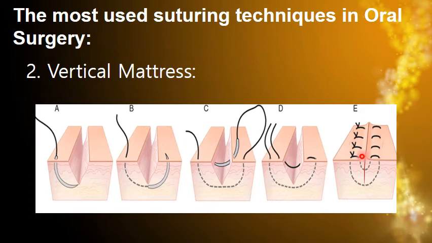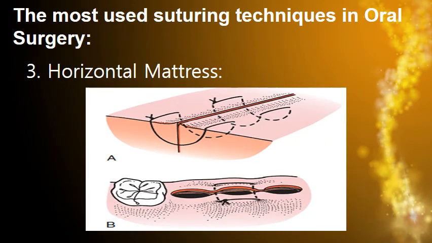It runs parallel with the blood supply of the edges of the flap, therefore it will not interfere with the healing. The blood supply will come like this to the wound, so these stitches will run parallel to the blood supply. Another type of mattress suture is the horizontal mattress suture.